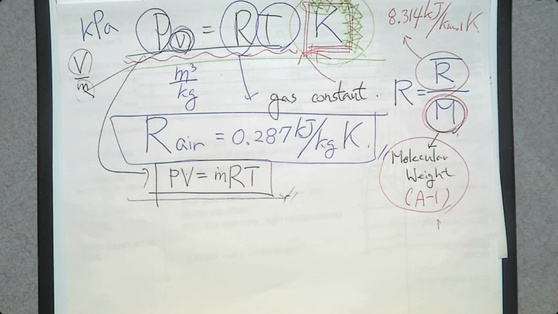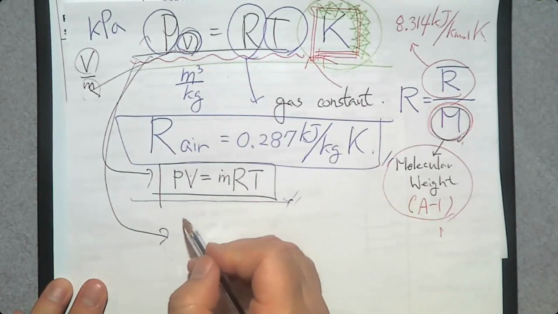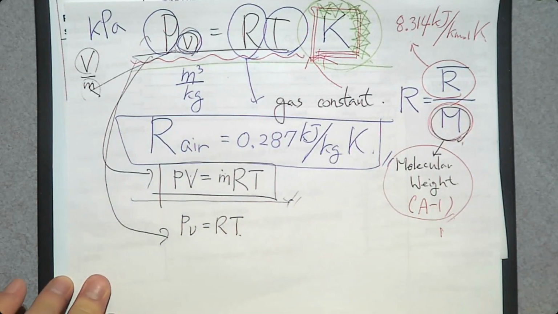By the way, if you look at this equation here, Pv = RT, let's talk about each term one by one. Let's say that you have air as your system. Pressure of air, is it a variable or a constant?